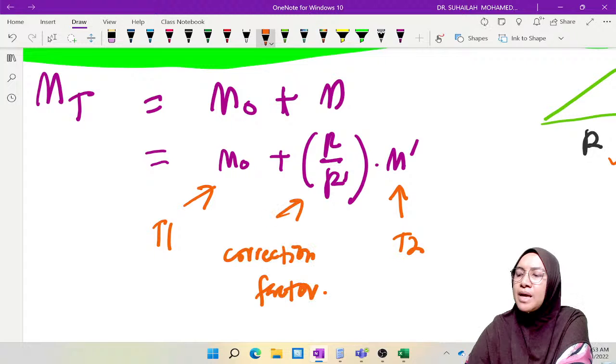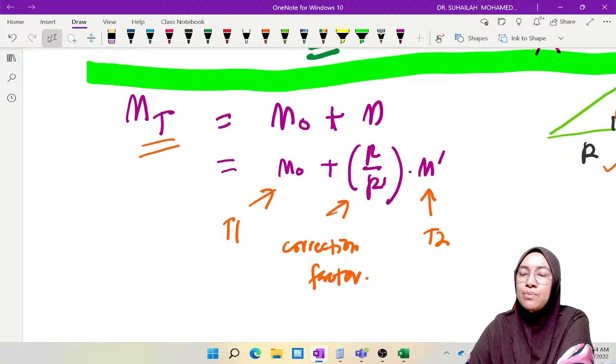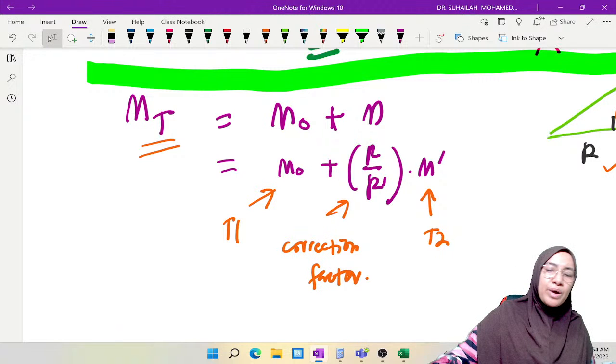Having all this, we just need to put it back into Excel whenever we have the R and R prime values. So we will solve for M total, the member end moment in the actual frame, where the actual frame has a combination of loading as well as side sway. Do you have any question regarding the moment distribution method?